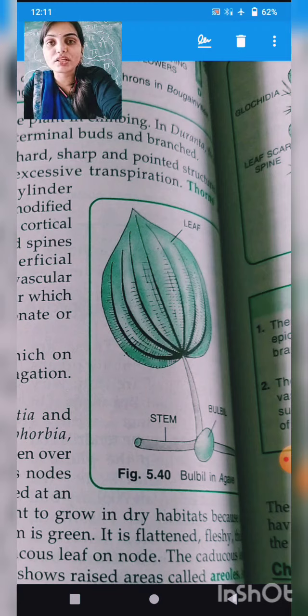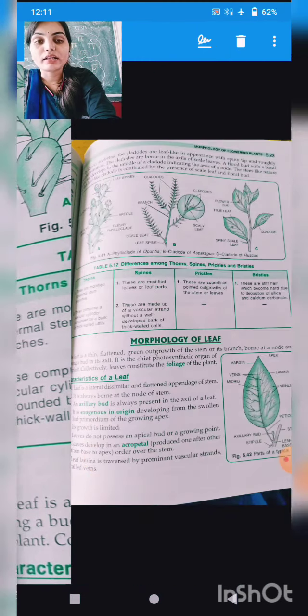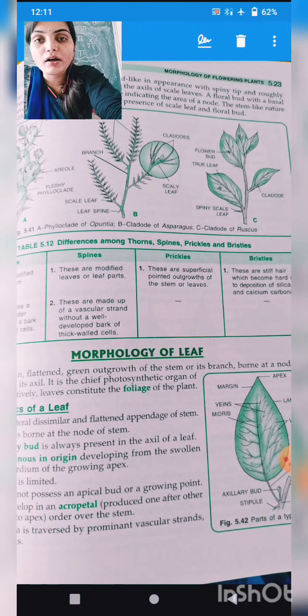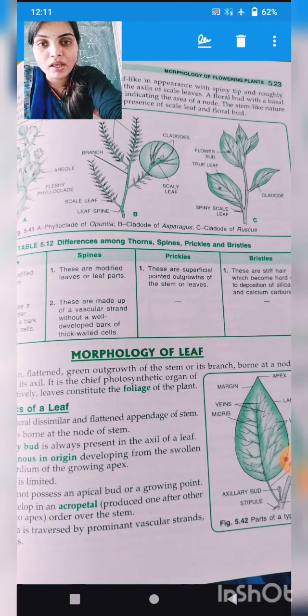Okay, Agave. Okay, now the last modification you will see in stem is the phylloclades of Opuntia. Phylloclades are the modified stem. And cladode of asparagus.